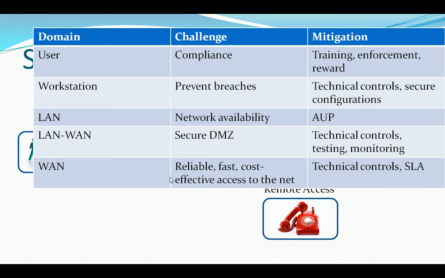And again, the DMZ is that outside-facing portion of the network, so we have to be extra careful with the DMZ. The WAN is obviously our connection to the public internet. So that's our way to get to the public. And just like a brick and mortar store, one of their biggest concerns is, I've got to get people into the store. You want to be on a major highway. The more traffic you have in front of your store, the more business presumably you will get.